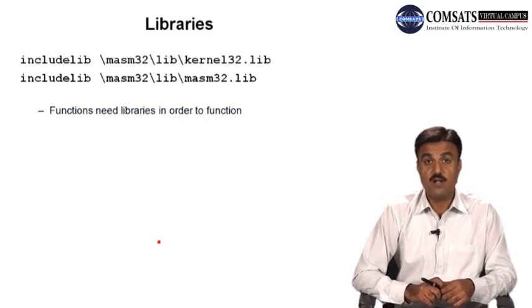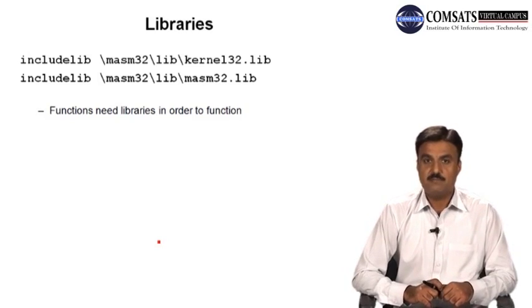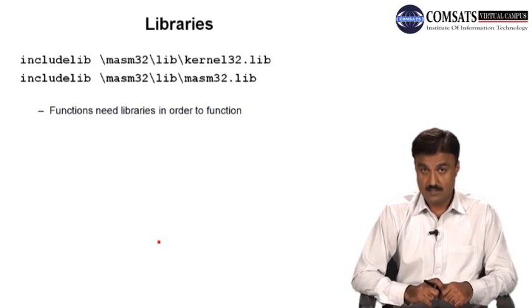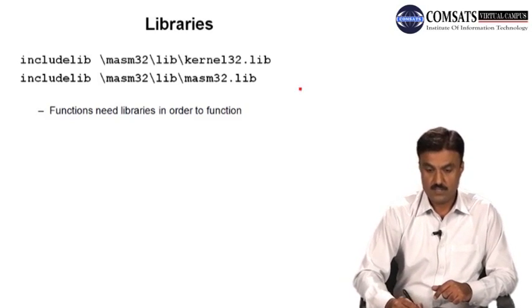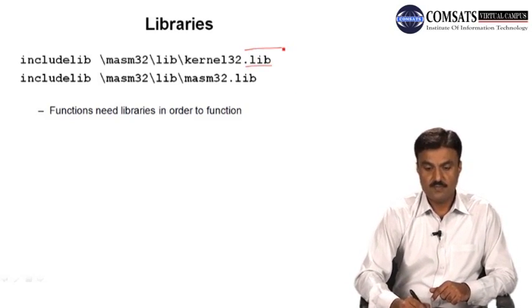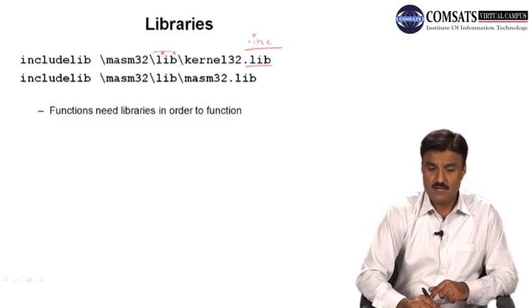One kind are include files, the other are library files, like kernel32.lib and masm32.lib. Their extension is .lib, as you can see here, and include files have the .inc extension, and their directories are different.